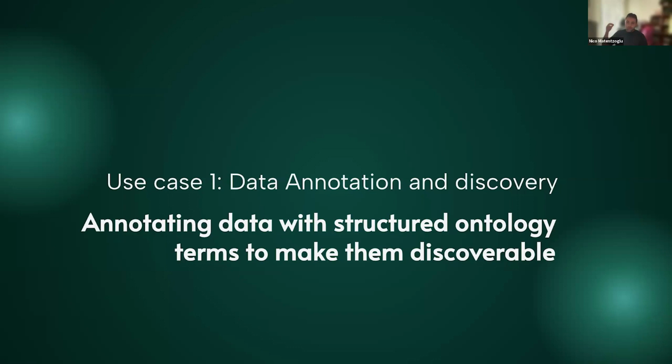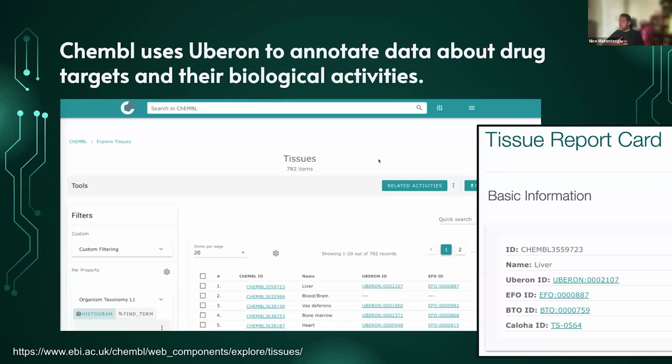We annotate data in model organism databases, in any kind of scientific database, and we then want to leverage ontologies, for example, for search and other kinds of discovery tools. And I'm going to show you a few examples of how and where this is done using Uberon.